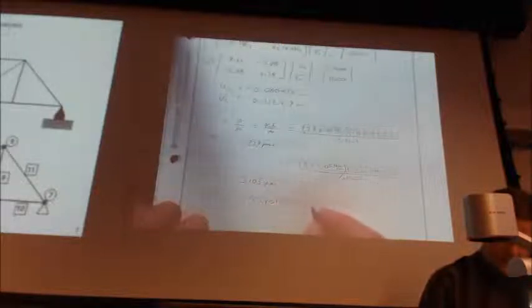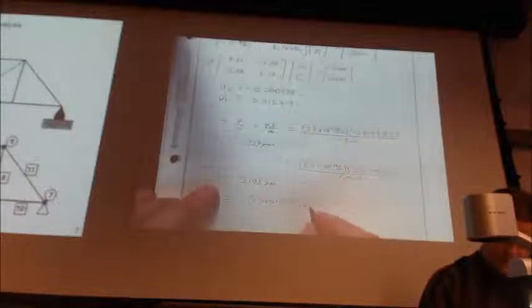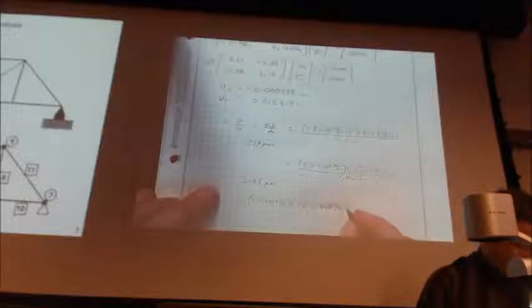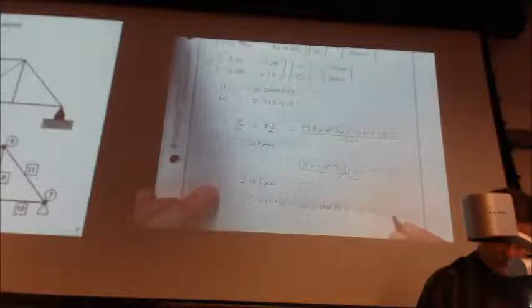So our cosine times 0.00438 plus sine times 0.01249. There we go.